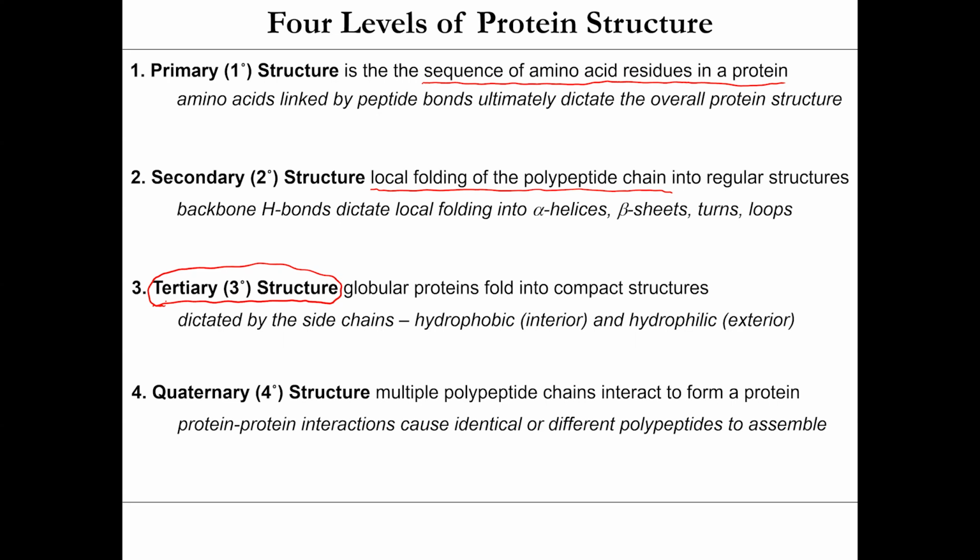So this is the folding of multiple secondary structures in the protein, and this is going to be more dictated by the side chains. So hydrophobic side chains are going to be the interior, hydrophilic side chains on the exterior, and also stuff like disulfide bonds and salt bridges and just interactions between different side chains. That will make the tertiary structure.